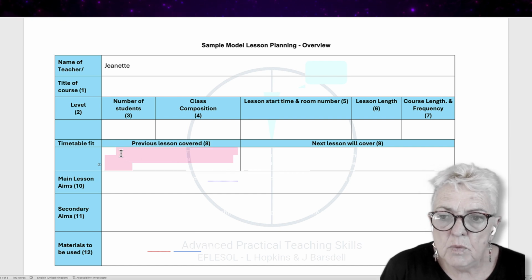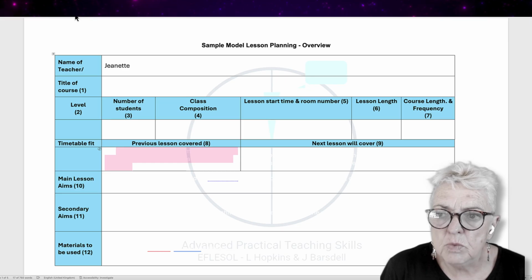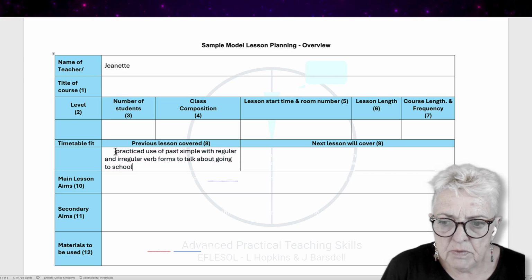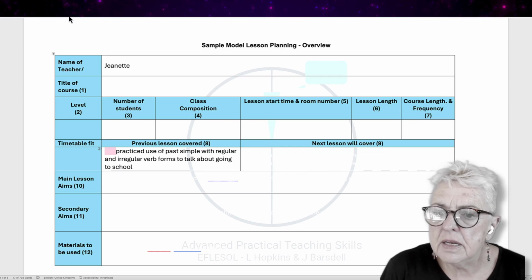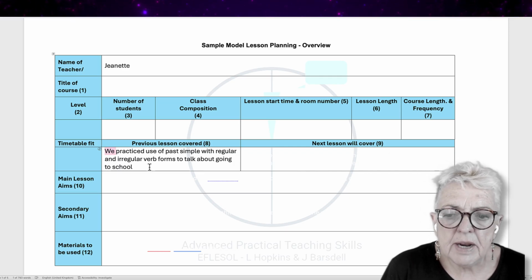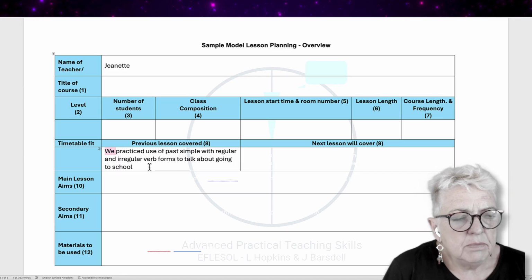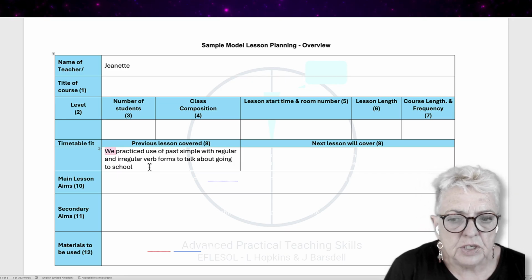So what the assessor's looking for is what was taught before. So is there something there? Okay, so we practised the use of past simple. That's quite a likely previous lesson to introducing used to.